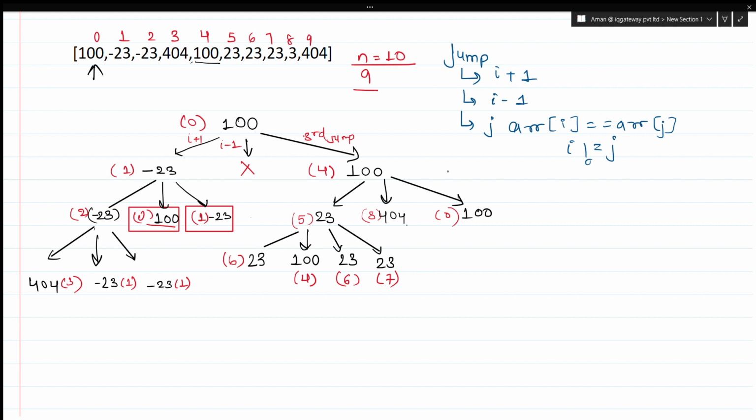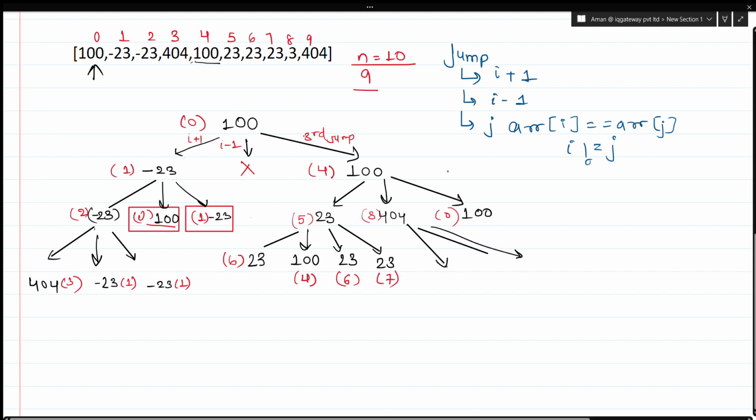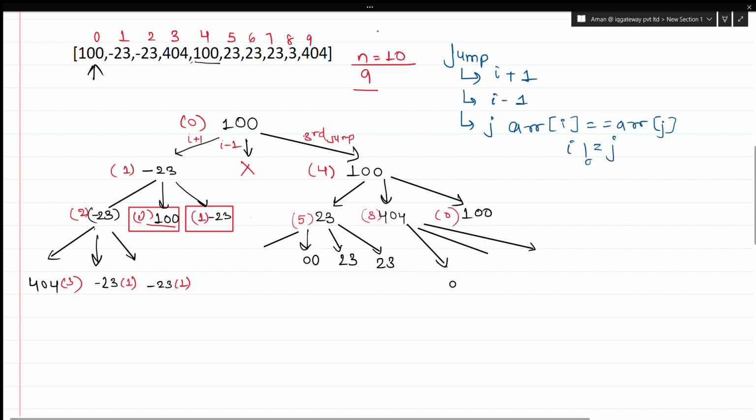Okay, now let me see this 404. For 404 I have three choices: I plus 1, I minus 1, and the same 404. So I plus 1 will be 100 at index 4.